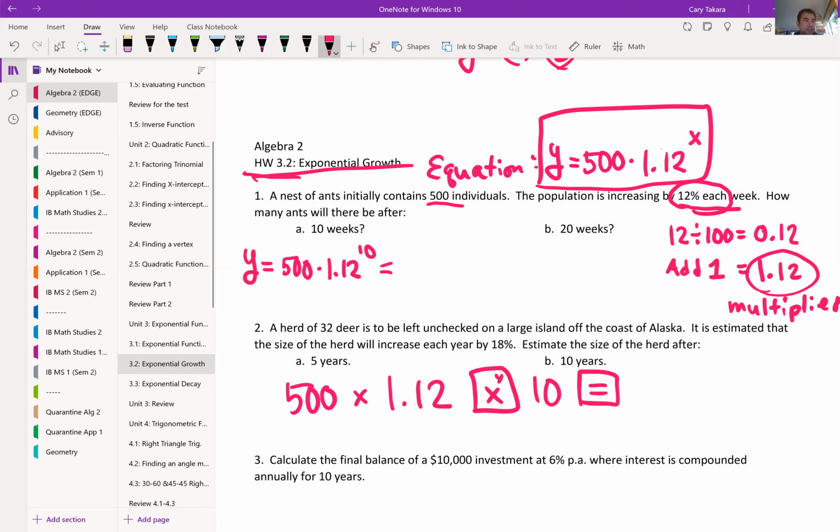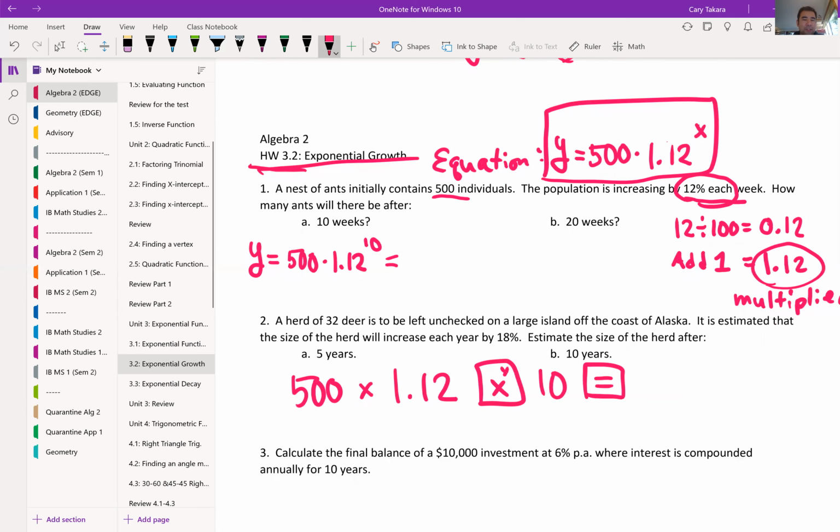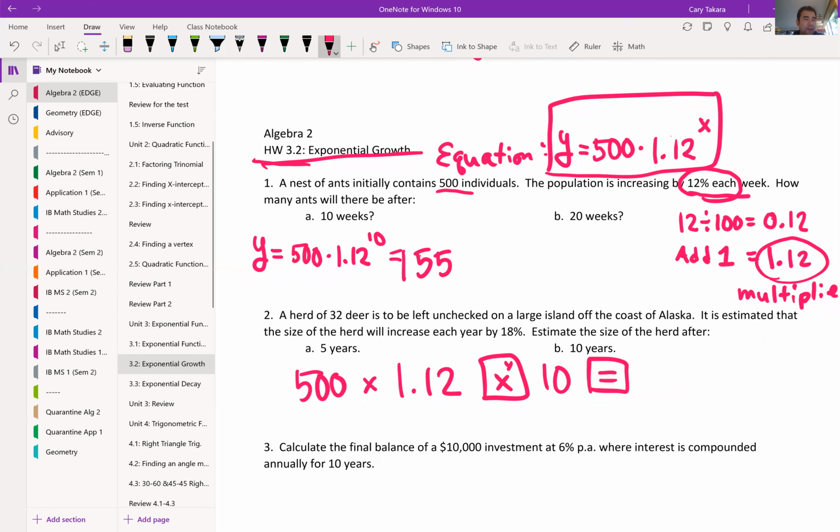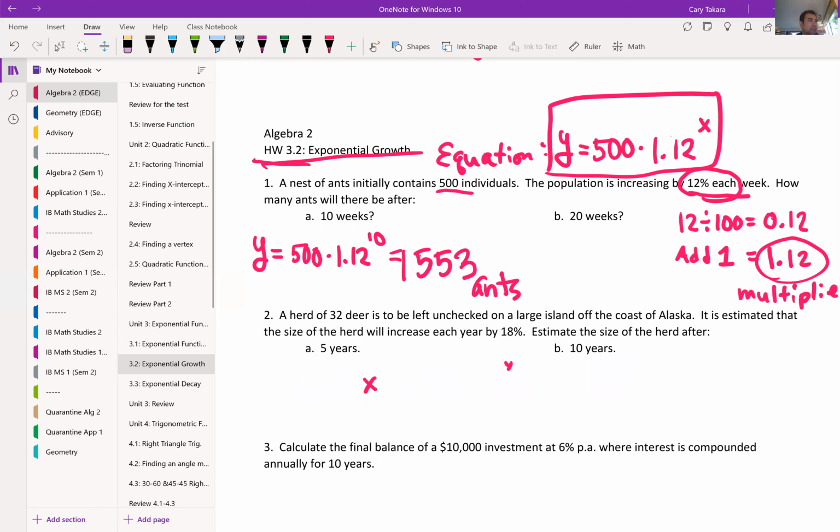What do you get? You should get 1,553 ants. Did everybody get that? Okay, very good.